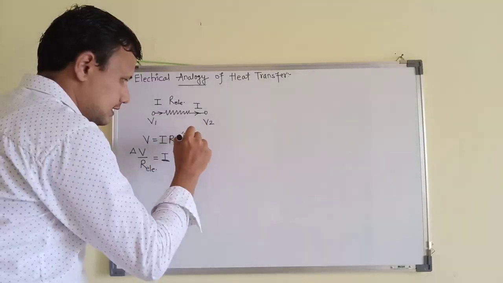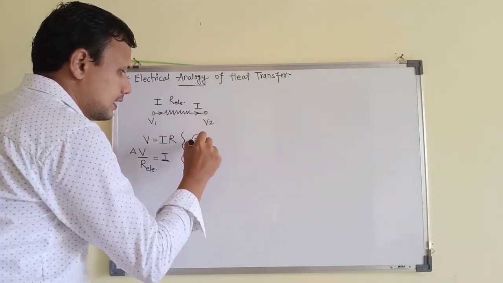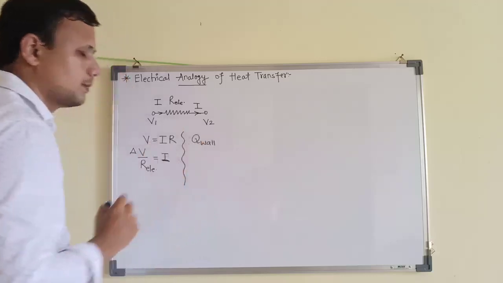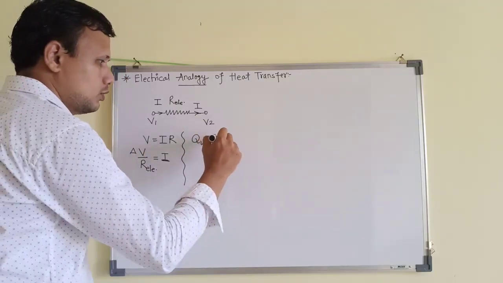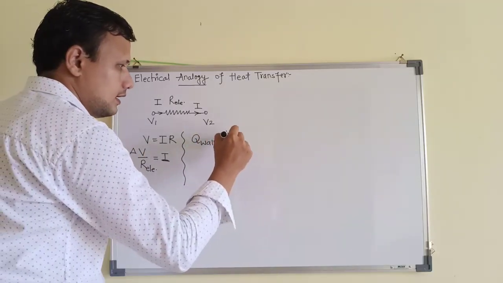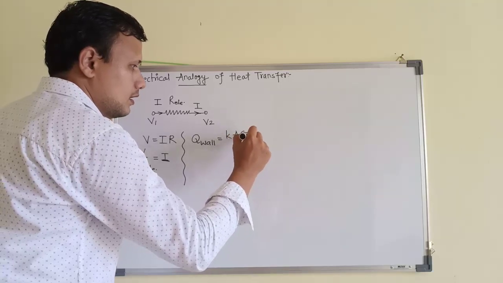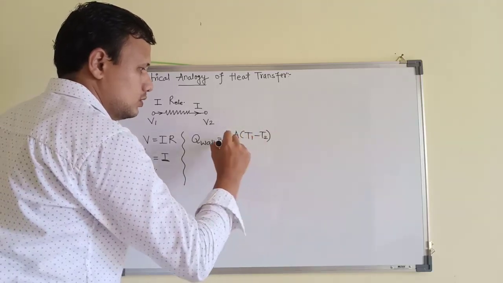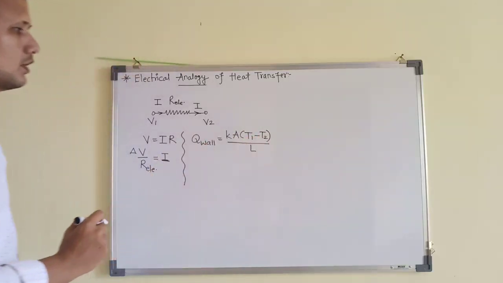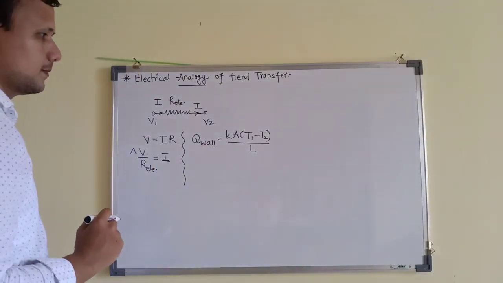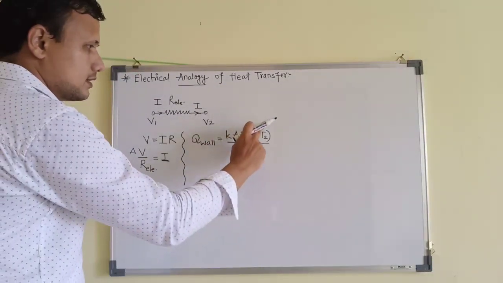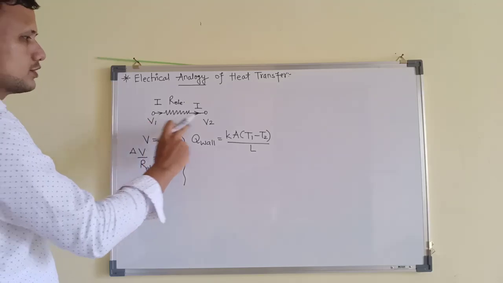Let us say we are understanding conduction heat transfer through the plane wall. So how do we write it? It is kA(T1 minus T2) upon L. Now what we observe over here, this T1 minus T2 is very similar to the potential difference.